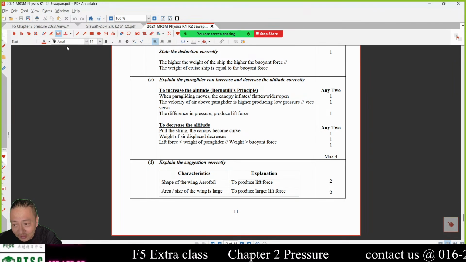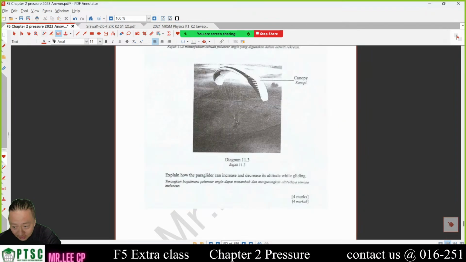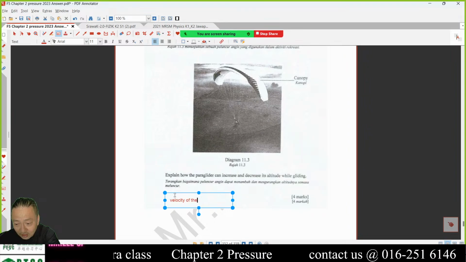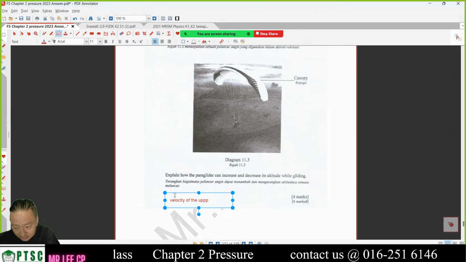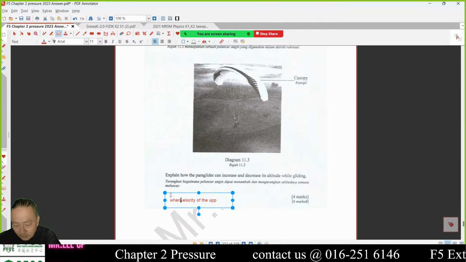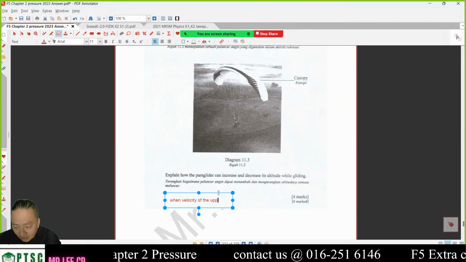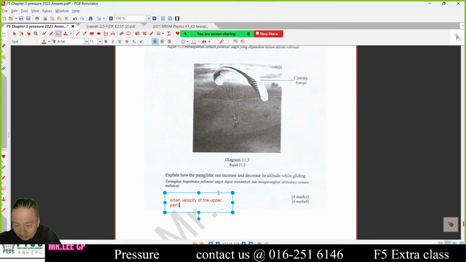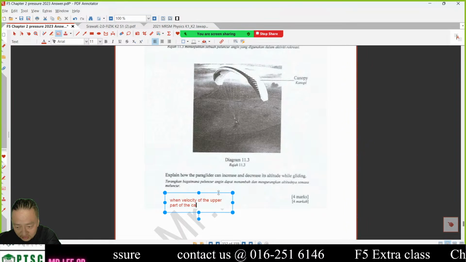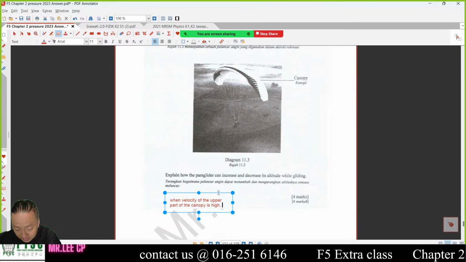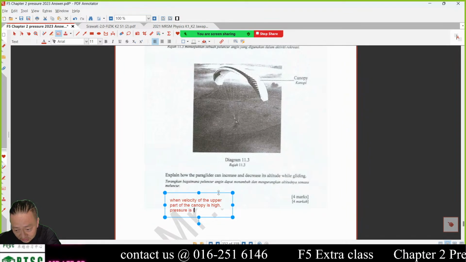Okay, I will write it as: when the velocity of the upper part of the canopy is high, then pressure is low.